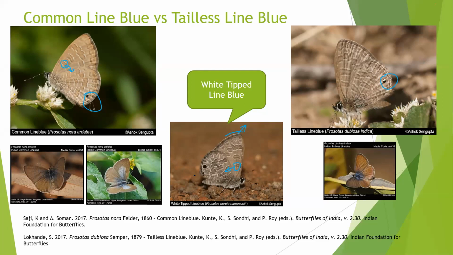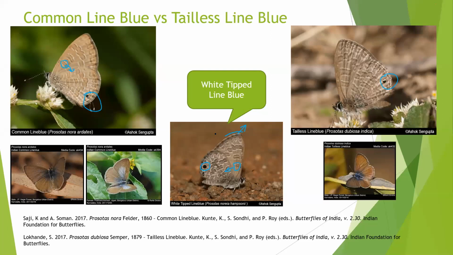Of course, the white tip line blue doesn't have a tail, and the tonal spot does not have a yellow crown. In the case of your tailless line blue and the common line blue, there is a yellow crown in the tonal spots. In the case of the white tip line blue, this particular tonal spot does not have a crown. That's how we differentiate between these three line blues.